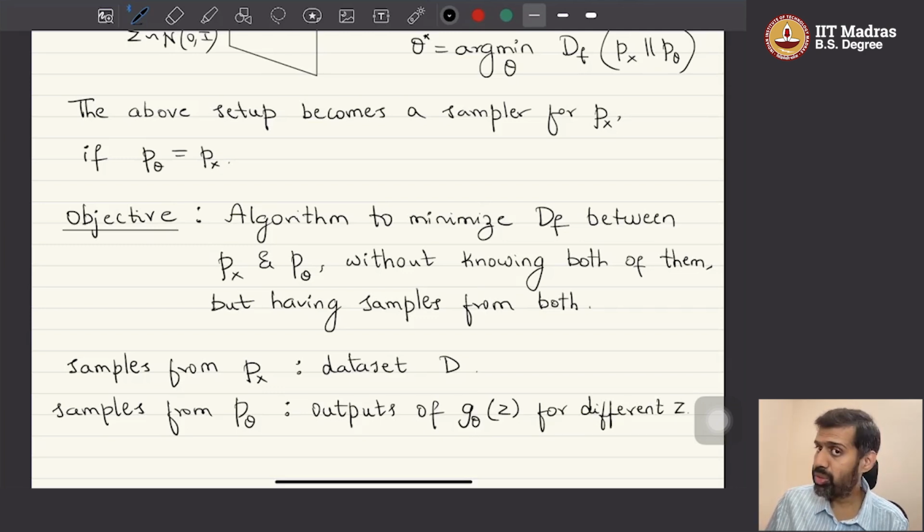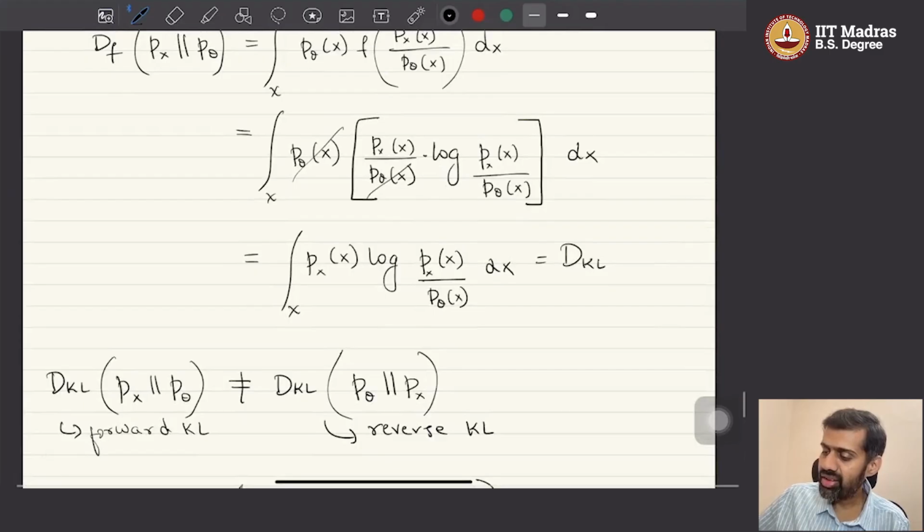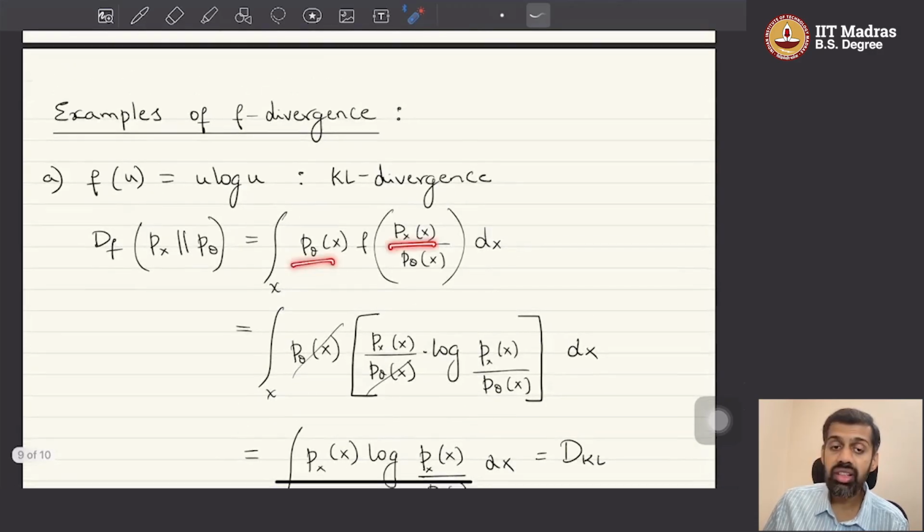So we have samples from both the distributions, but we do not have the underlying distributions. Now note that the definition of f divergence involves computing an integral over the space of data, and the integral has both p theta and Px in it. The challenge is that we neither know Px nor p theta, and computing this integral is also intractable, because it is an integral over a d-dimensional real space.